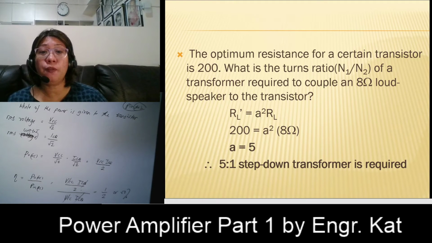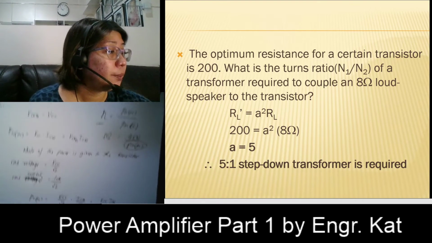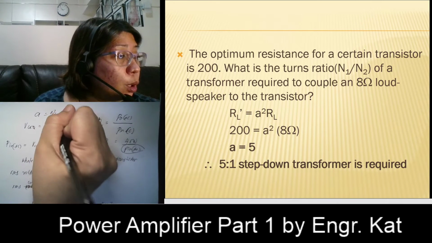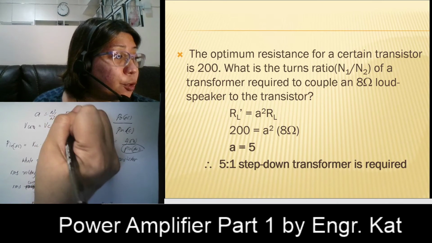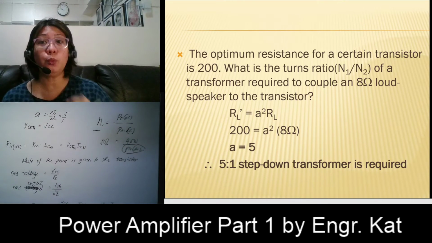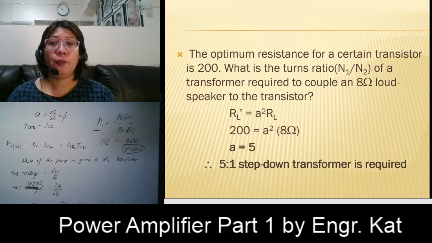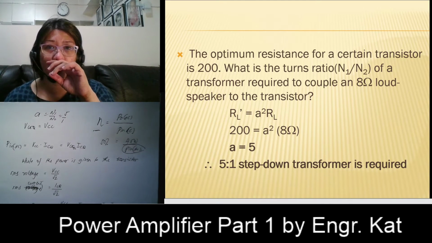So what do we mean by 5 is to 1? So a is equal to N1 all over N2. So this is 5, therefore that is 5 is to 1. So what does that mean? That means you are using a 5 is to 1 step-down transformer.